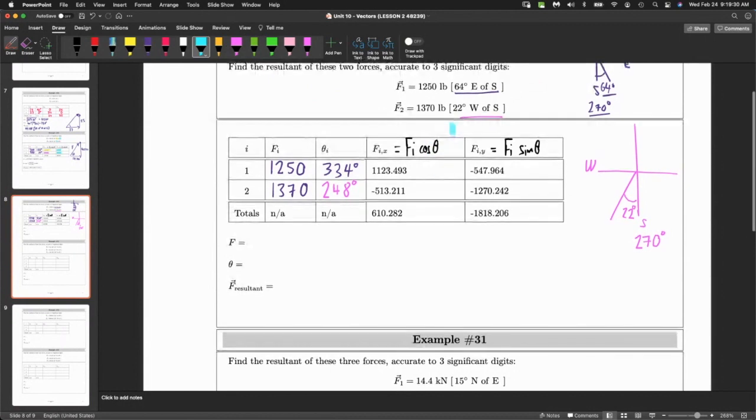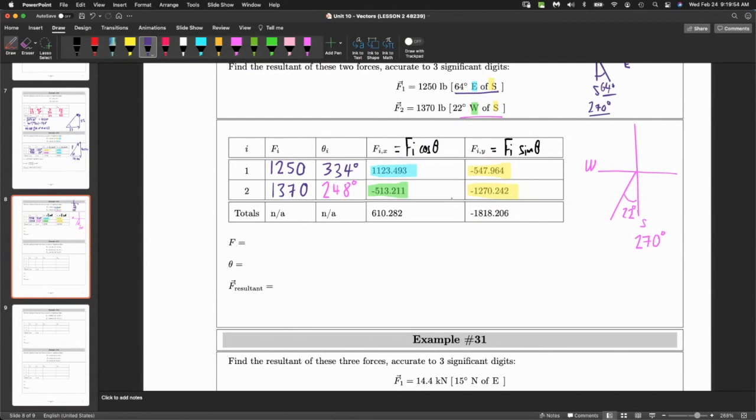So let's take a look here individually. So this east here manifests itself as a positive right there. And then we have south for both of them. That's why these answers are both negative. And finally, you have a west over here, which is this negative number of 513 pounds.